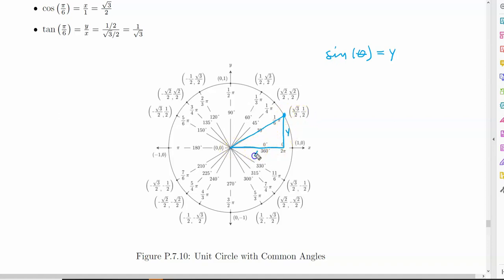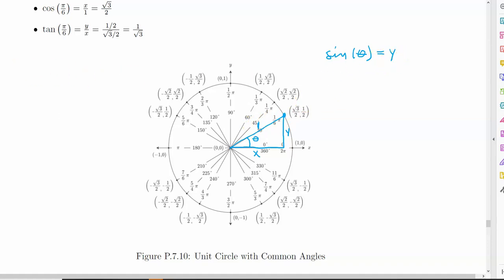This distance x is the x-coordinate of that point. And since this is a unit circle, the length of your hypotenuse is 1. So remember that the sine of theta is opposite over hypotenuse. So you see, in this case, we have that the sine of theta is y divided by 1, or just y.